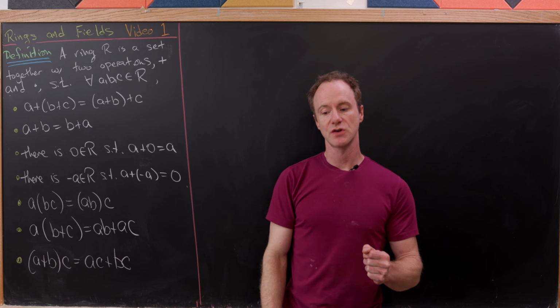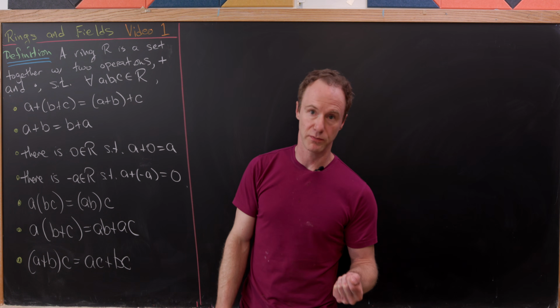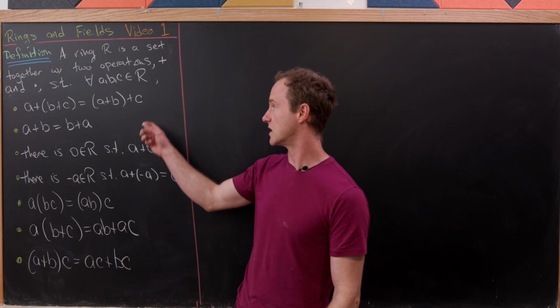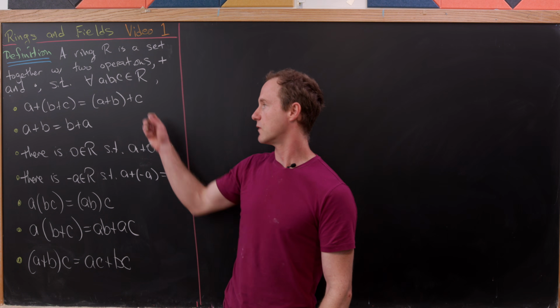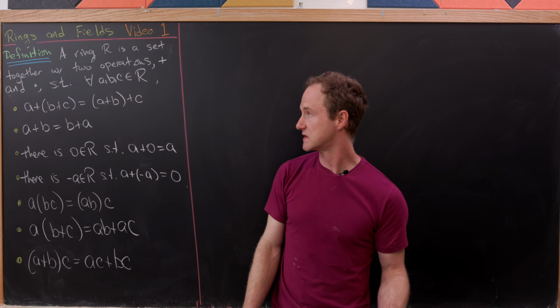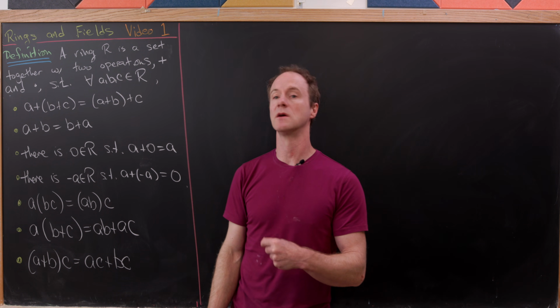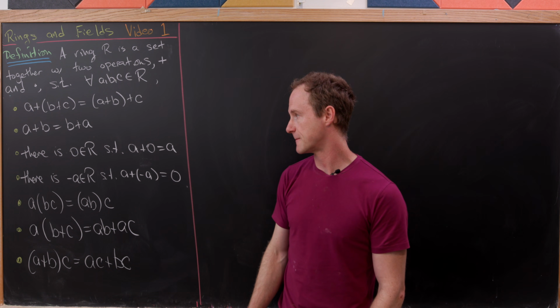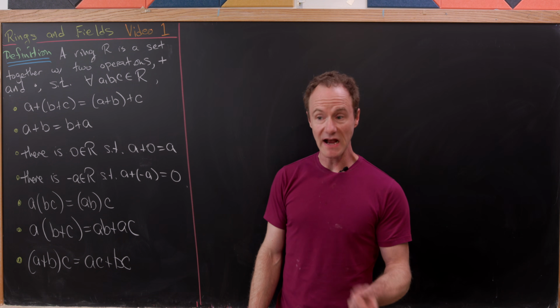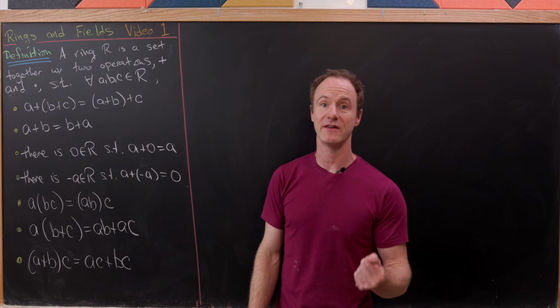First of all, this thing called plus, which is generally addition, is associative and commutative. So (A + B) + C is equal to A + (B + C). And then A + B is equal to B + A. Next up, there is an additive identity.